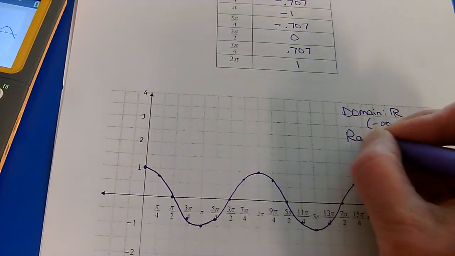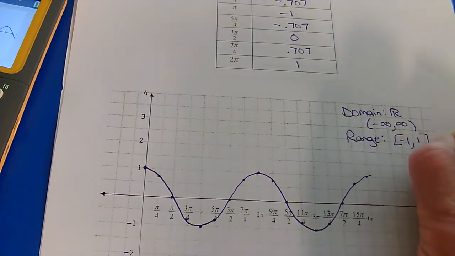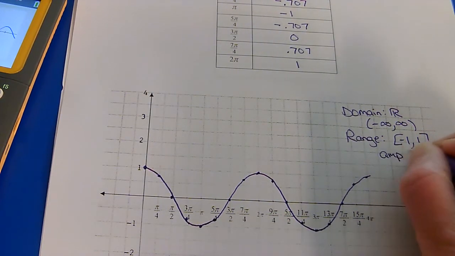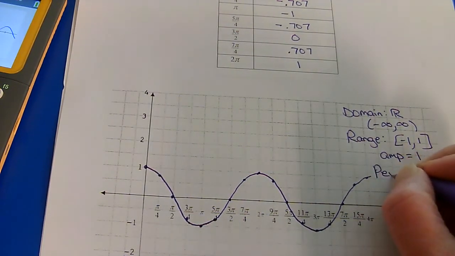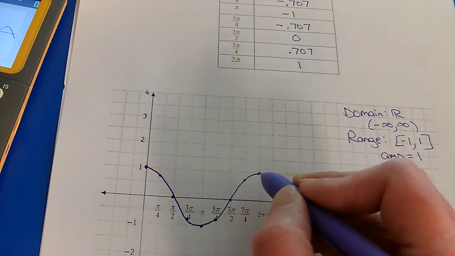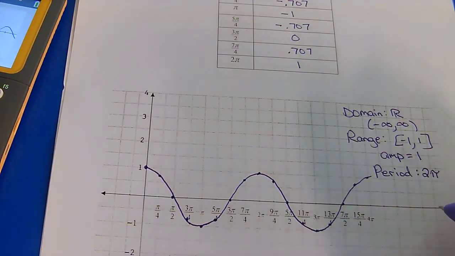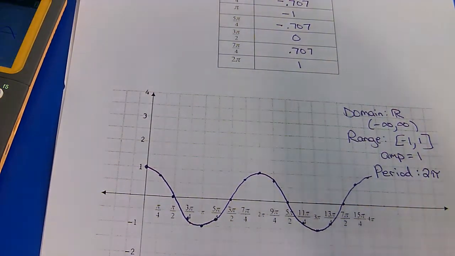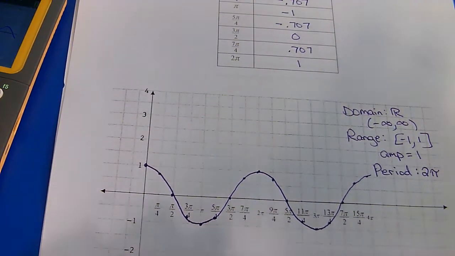The range, it's still going between negative 1 and 1. That means my amplitude is 1. The period, it's still going between 0 and 2 pi. So 2 pi is 1 period, and that's 1 trip around the circle, so that also makes sense too. And then it has no asymptotes.